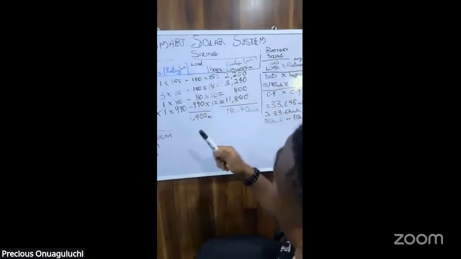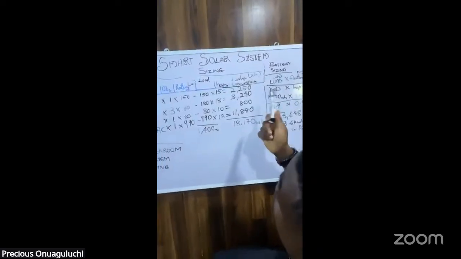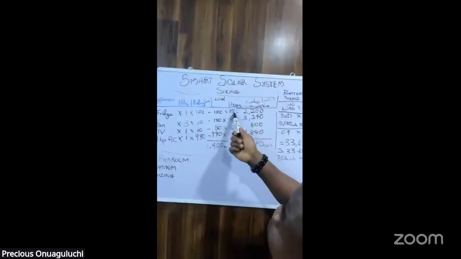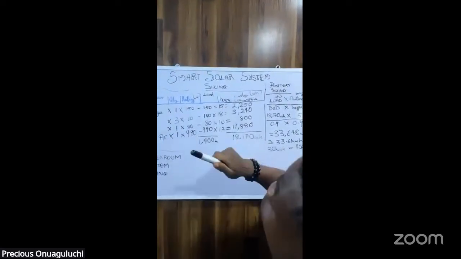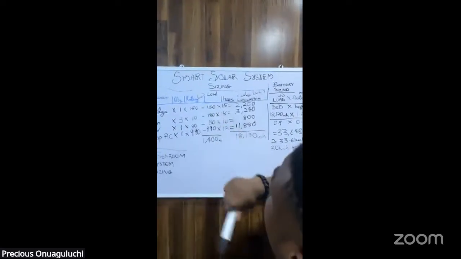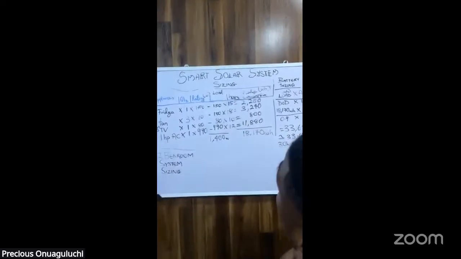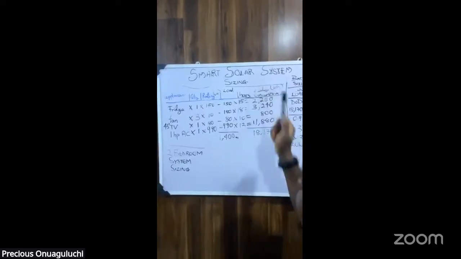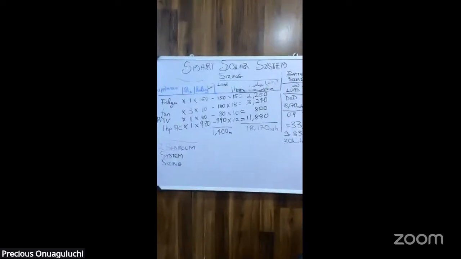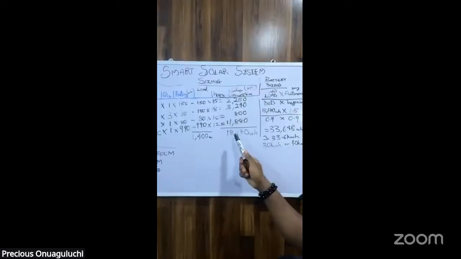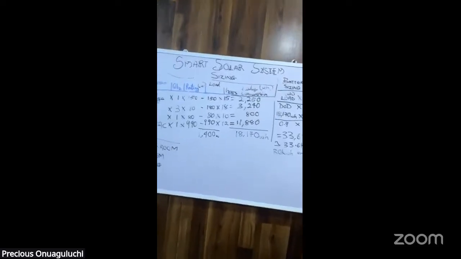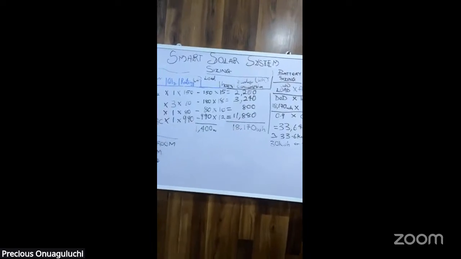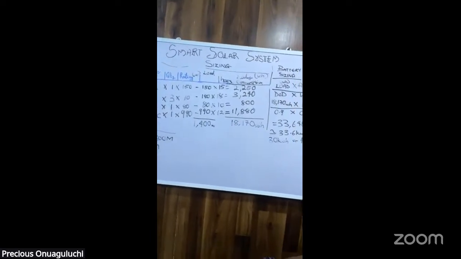So now we're talking about our daily consumption, which we get by multiplying the hours of use with the power of each appliance. Finally, we get our total daily consumption of about 18,170 watt-hour. And that's how we do our load assessment.